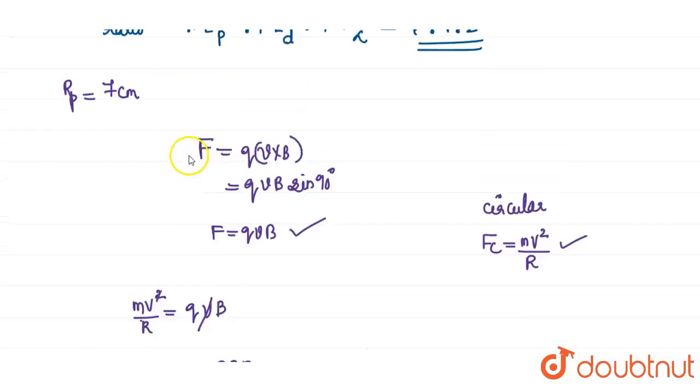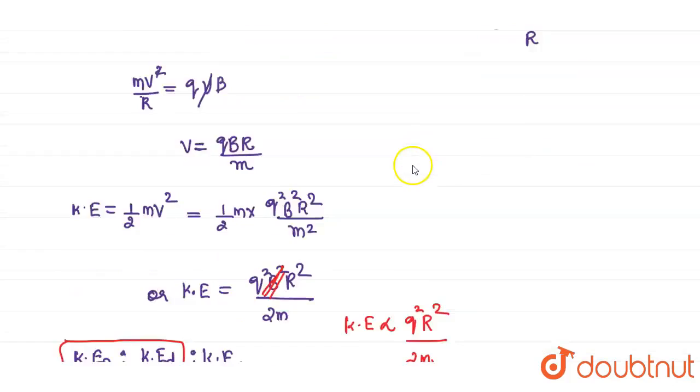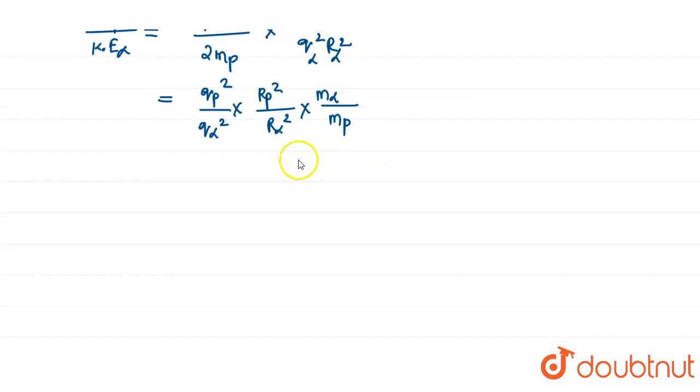It is given by 1:2. So 1/2 is equal to 1/4, charge is 1/2, and the radius of proton is 7 square divided by radius of alpha square, mass of alpha is 4/1.